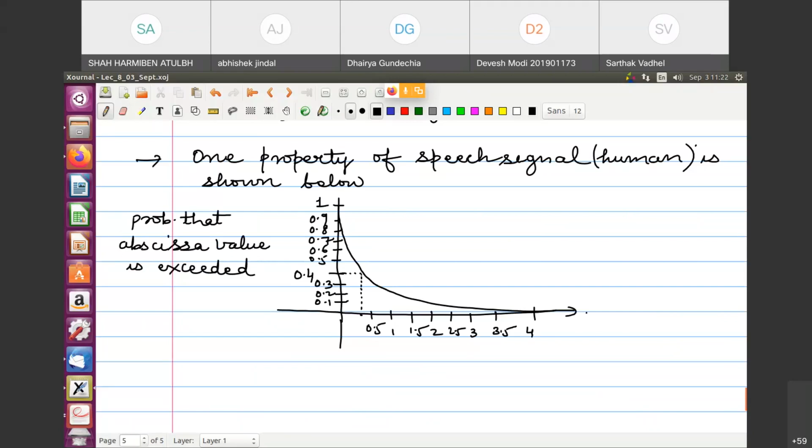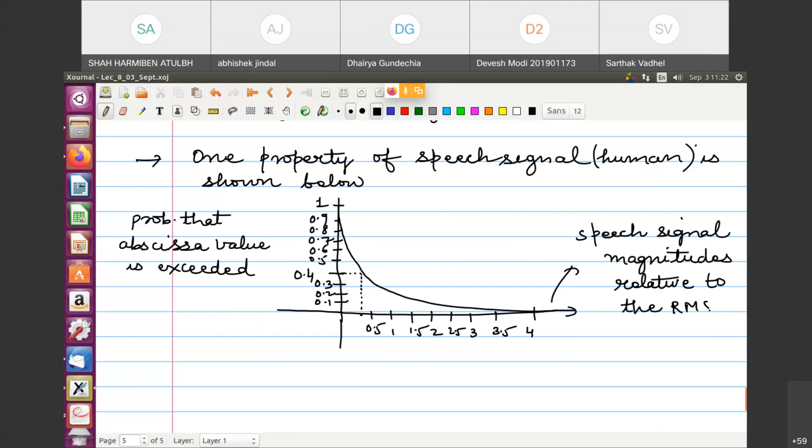And what is on the x-axis? On the x-axis are speech signal magnitudes relative to the RMS of such magnitudes. Okay.